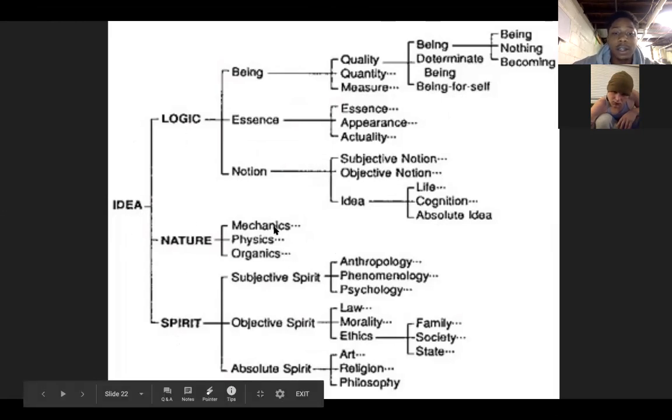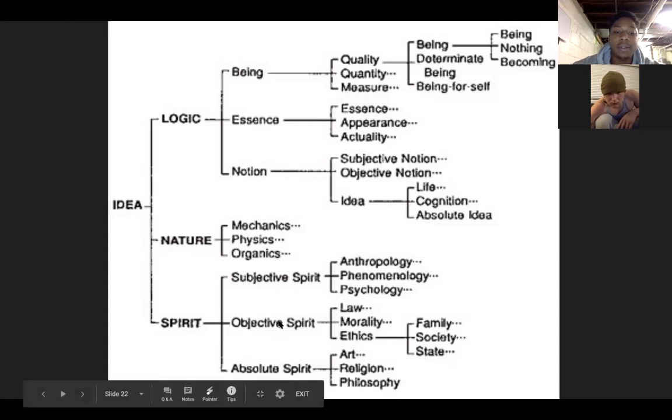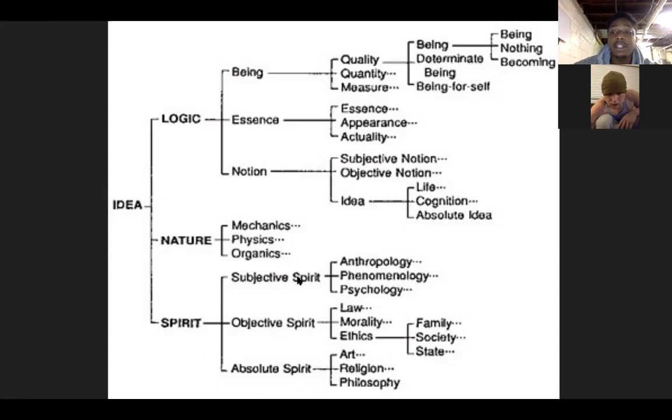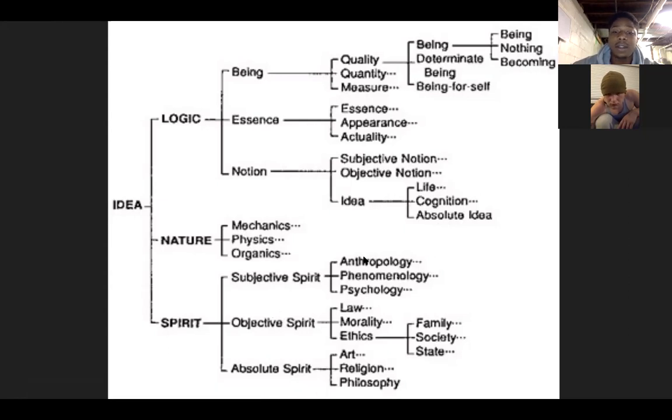And what is nature? Nature is metaphysics and physics and organics. So these terms are a little outdated, but through these three things, you come to nature, and through spirit, you get absolute, objective, subjective, and these three things combine to make spirit. And these things can be divided into three things as well, in a way that the dialectic works.